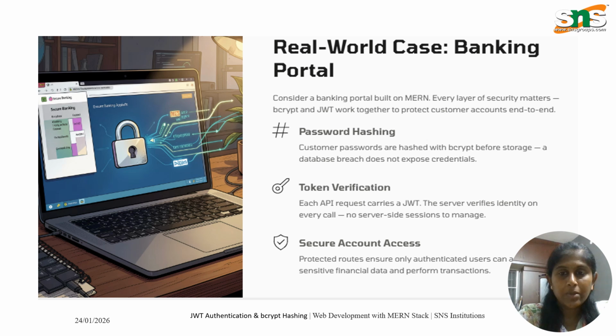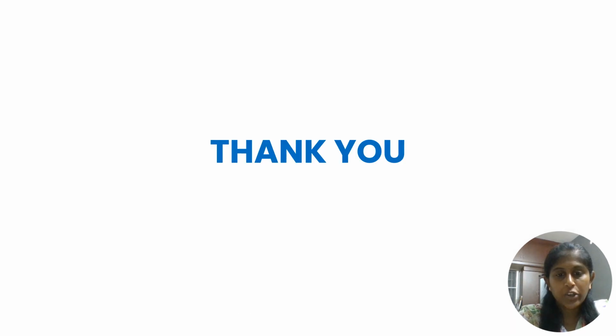After login, the customer receives a secure access token. This token is verified whenever the user accesses banking services. Protected routes ensure only authenticated users can access account balances, transactions, and payment services. This combination creates a highly secure authentication system in real-world applications.